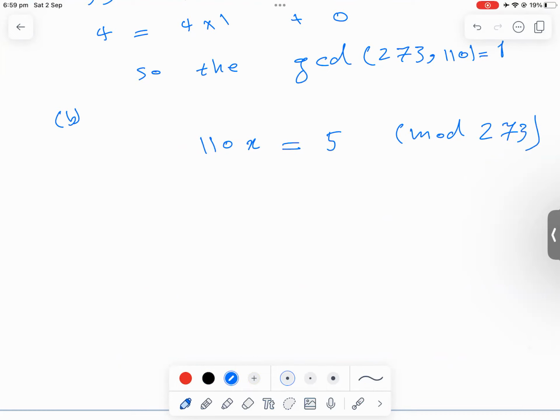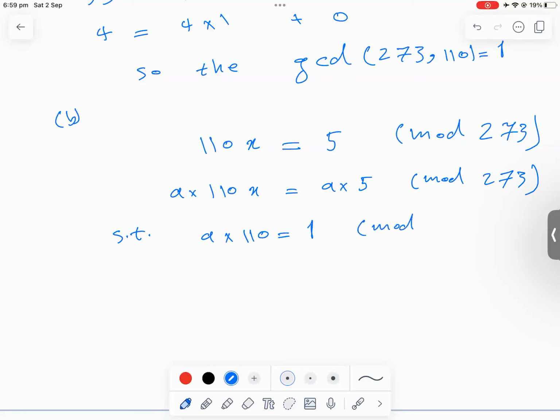In other words, I want to multiply the left-hand side by some a such that a times 110 will be 1 in mod 273. Which, in the definition of mod, is equivalent to a times 110 minus 1 equal to k times 273, where a and k are integers.